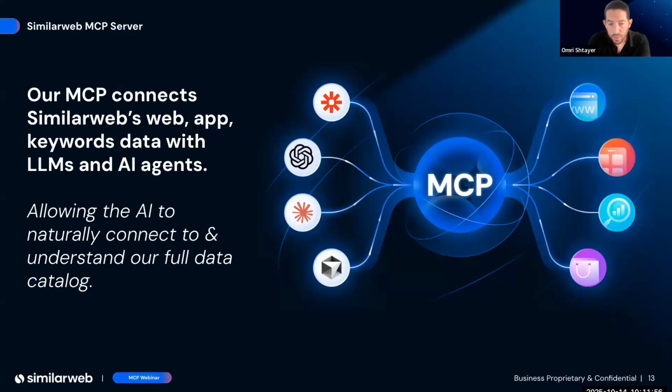And one of the things we did here is we didn't just build an MCP on top of our API. That's simple, that's easy. But we actually had to transform our API to fit the new age of AI. Essentially, in order to build this MCP, we had to transform our API infrastructure and completely rebuild it.